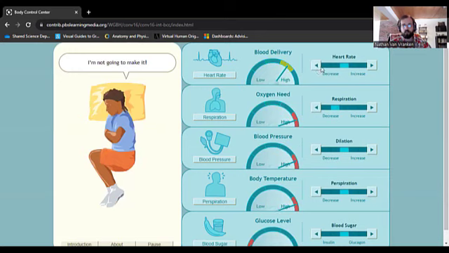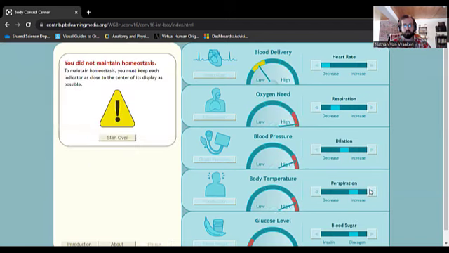We can change these different variables and hope to make our person survive. And as you can see, we did not maintain homeostasis. Our patient, unfortunately, has ceased function.